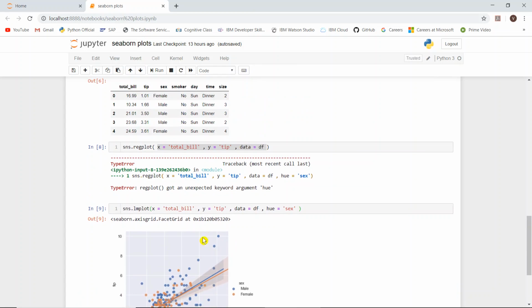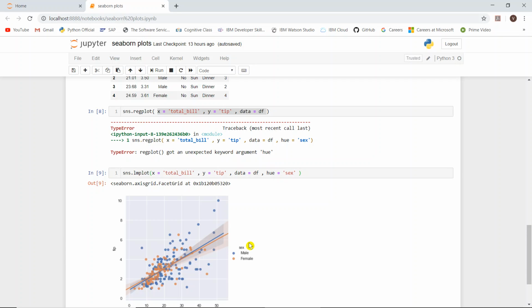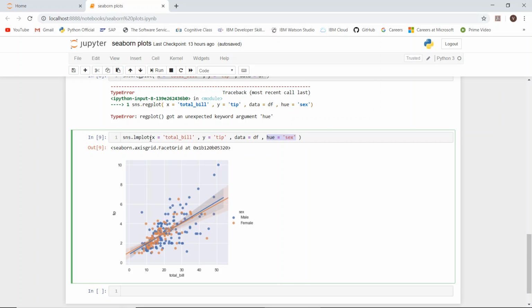If you want to see both regression lines for the male and female categories in only one plot, then the hue argument is there for that kind of task. So this is the lmplot, which shows the linear model. The name itself is telling it is a linear model.